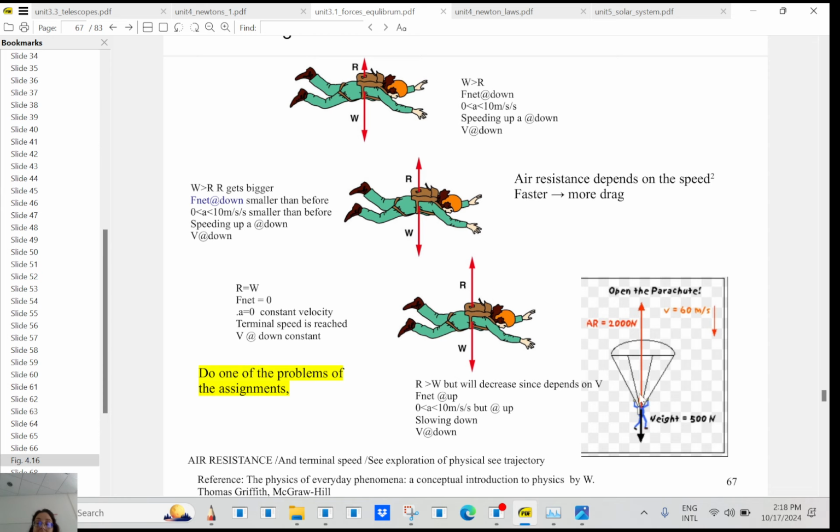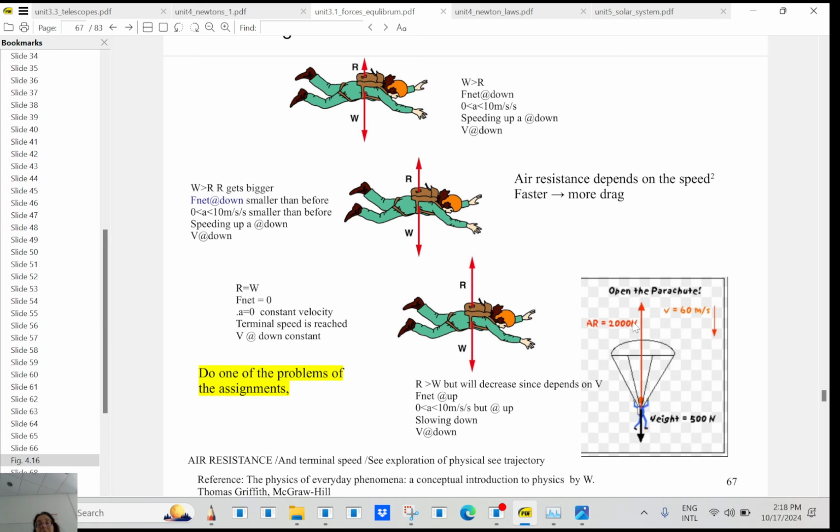Now, what's happening if all of a sudden she opens the parachute? It doesn't mean that she's going to go up. That's not true. It means that she's going to slow down. So the acceleration now is where? Down or up? Up. But because she was still moving, she kept moving, but she's slowing down.